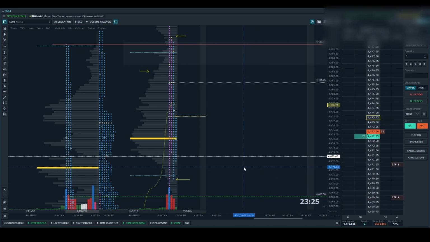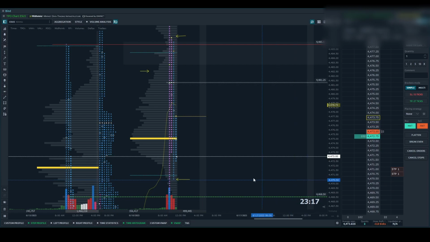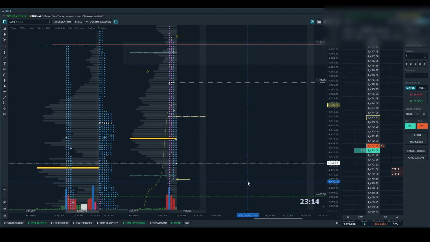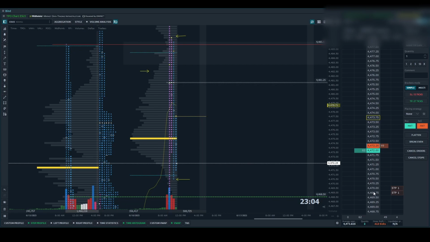All right, so that got us in for 2. Your stop would still be the same for the entire trade. You could move down here under C period.